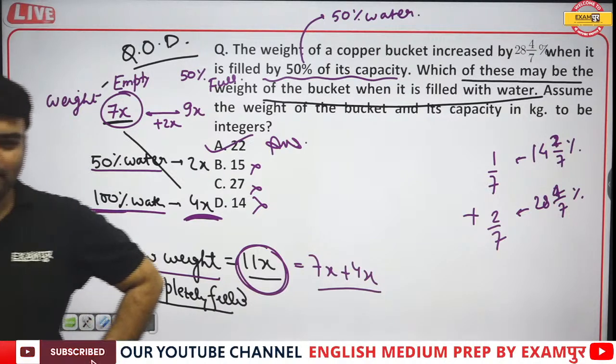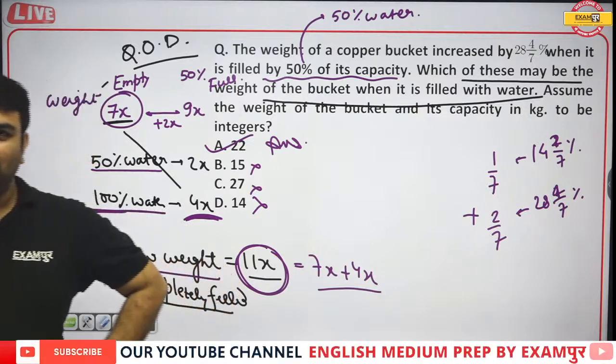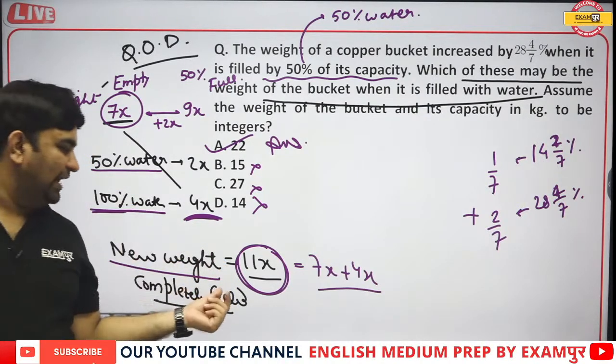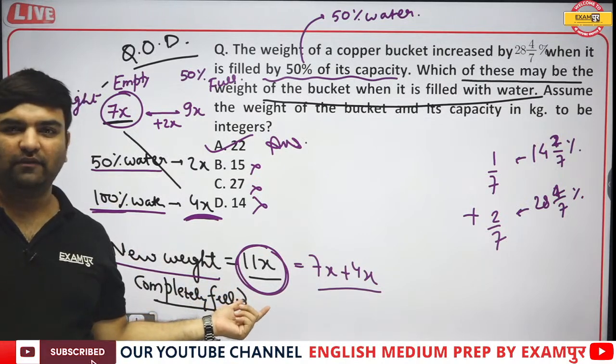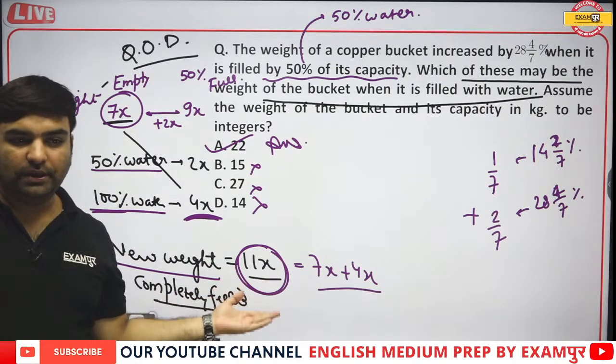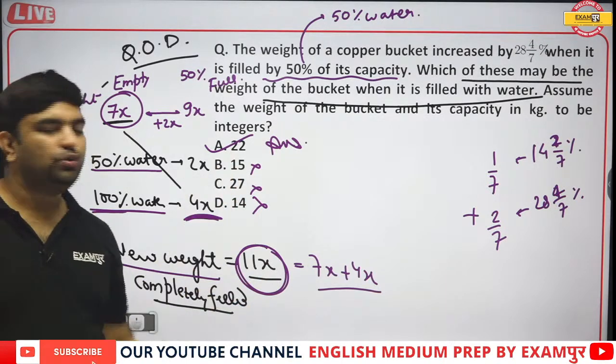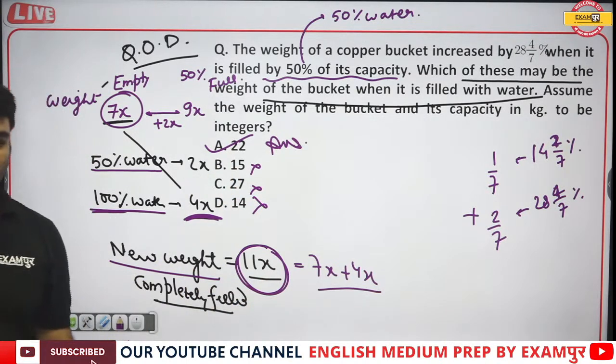So the new weight is 11x, which is a multiple of 11. X is an integer, so the only possibility is a multiple of 11, and the multiple of 11 is 22 only.